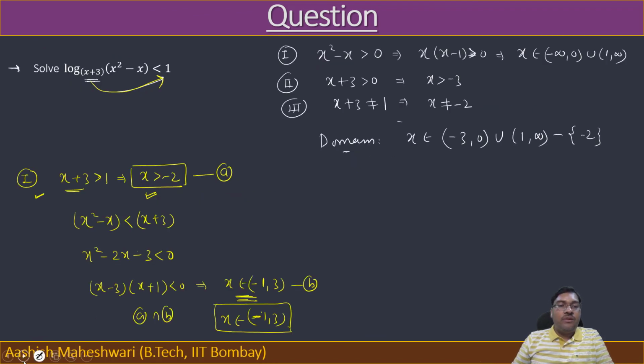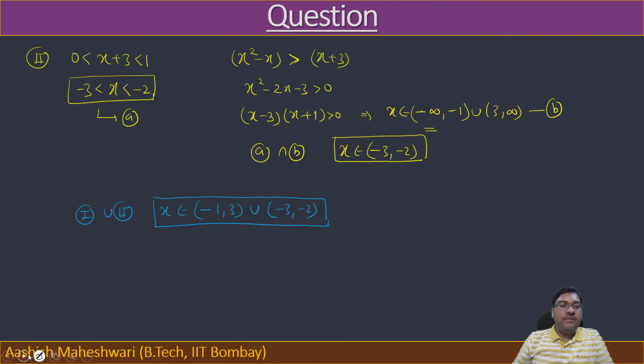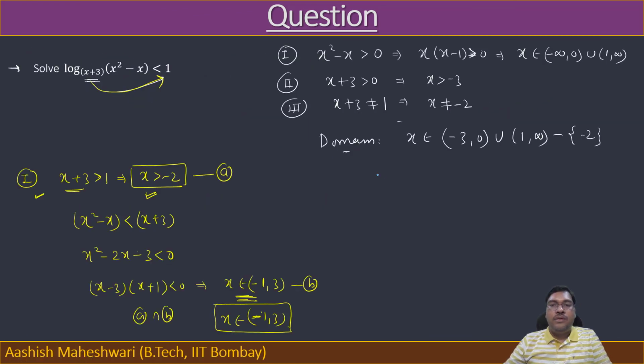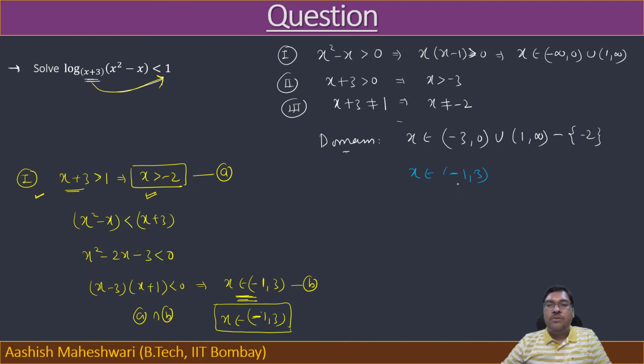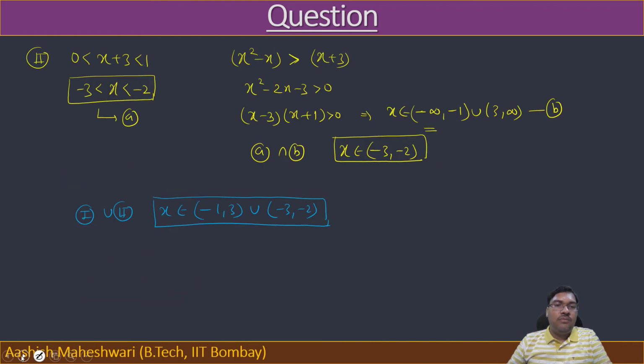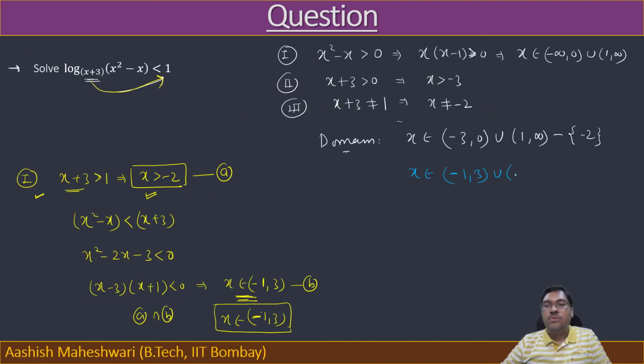So now the solution set we got is, let me write it here, x belongs to minus 1 to 3 union minus 3 to minus 2, right?